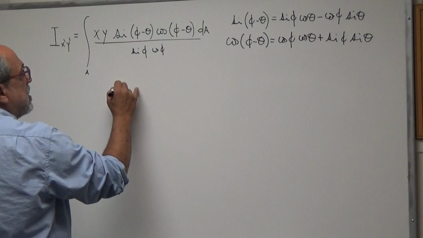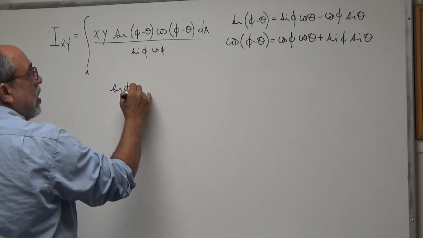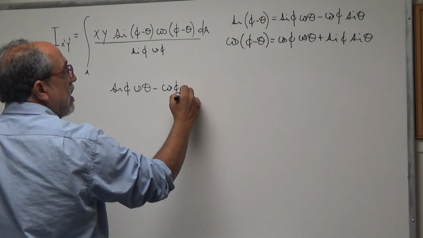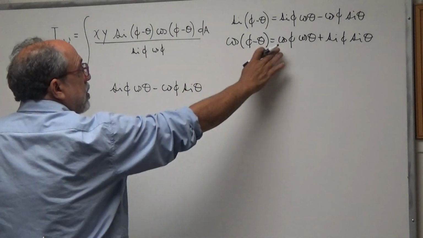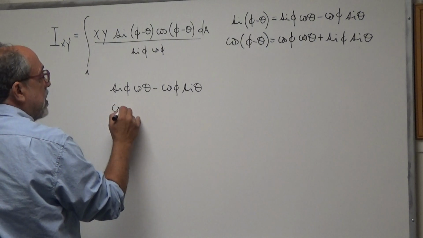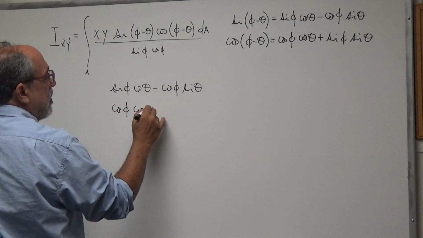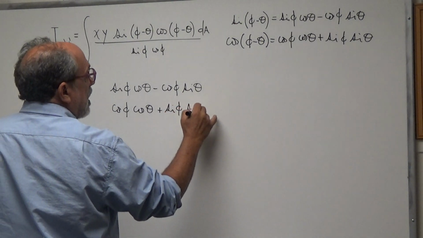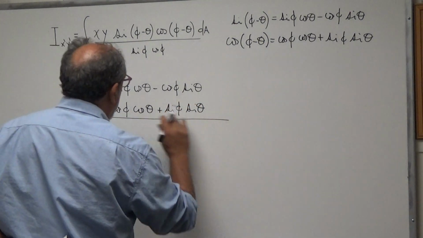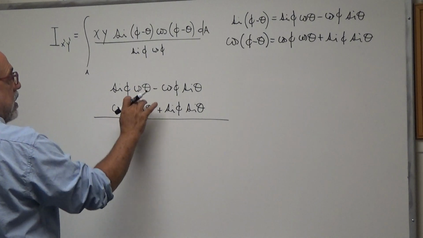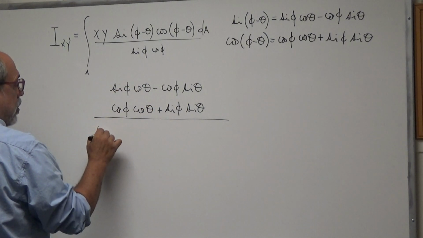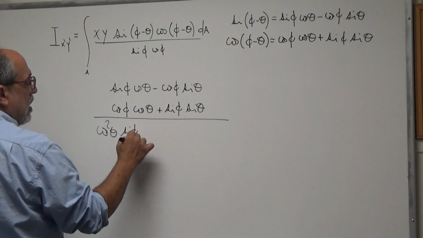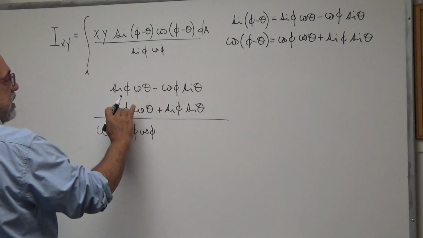So we would have sine of phi cosine of theta minus cosine of phi sine of theta, multiplied times cosine of phi cosine of theta plus sine of phi sine of theta. So doing that multiplication, for this first term we get cosine squared of theta sine of phi cosine of phi. That took care of this one.